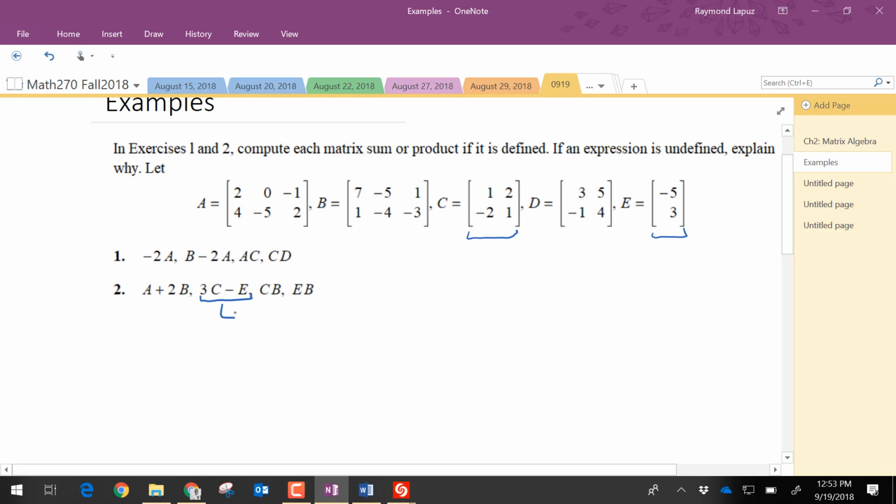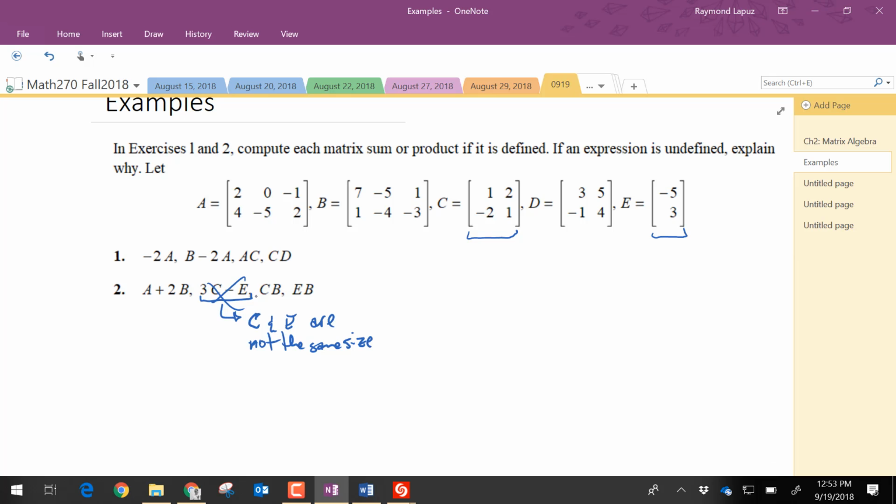So C and E are not the same size matrix, so we can't combine them. So that's important to be able to combine matrices. You have to have the same size.